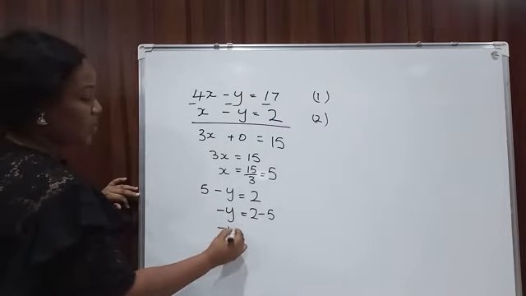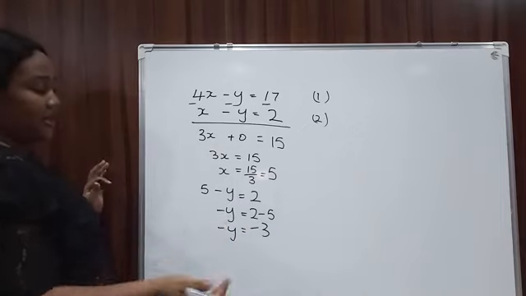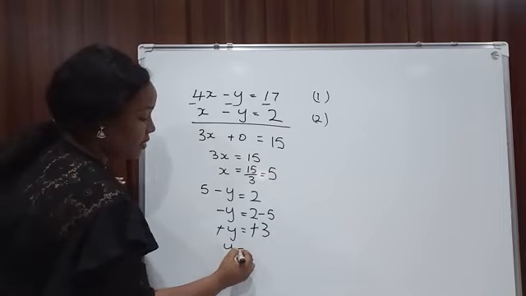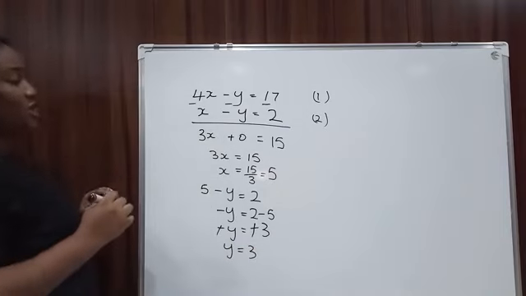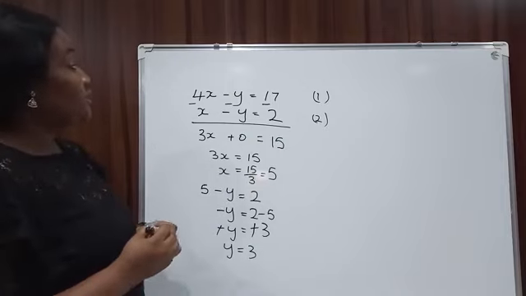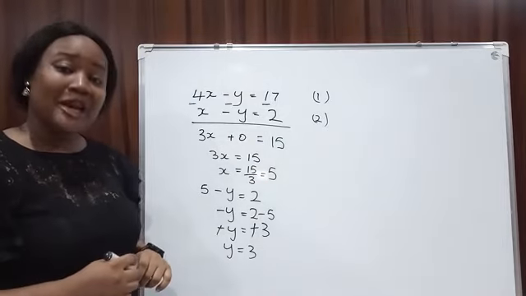We have minus y equals minus 3. And you cancel out both minuses and you get y equals 3. So we have x equals 5 and y equals 3. So try and put them back into the equation and see if it really works.